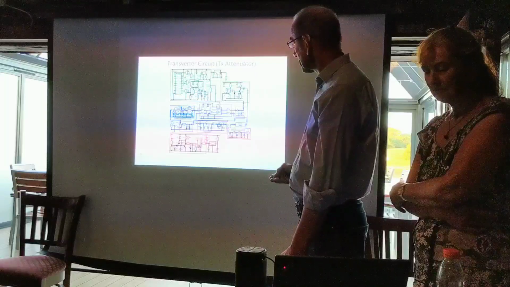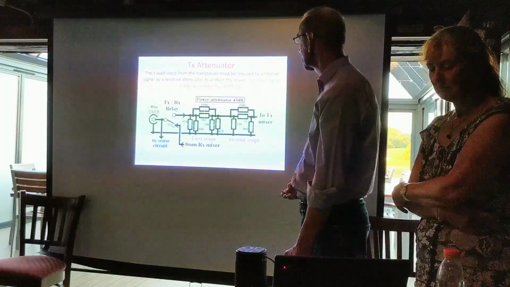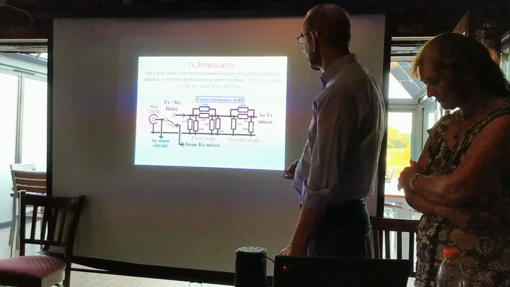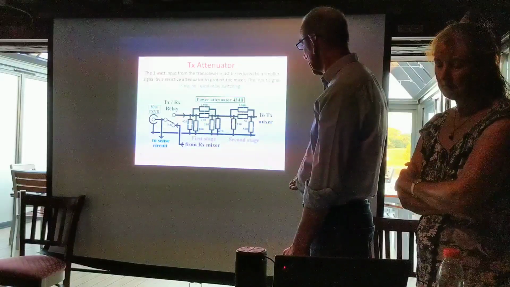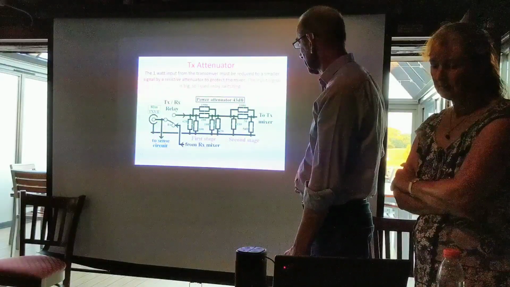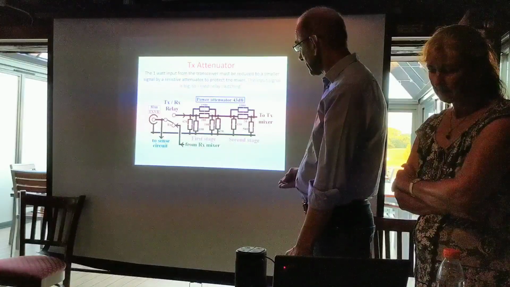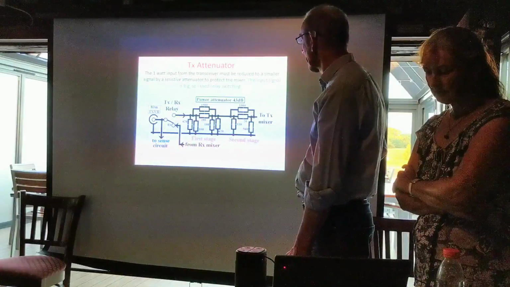Okay, the transmit attenuator, the front end attenuator that's going to absorb all that power from your transceiver. So one more input from the transceiver, you've got to reduce that, so we basically have a couple of pi network attenuators. Now the first stage is going to have to absorb a lot of power, the second stage less so.